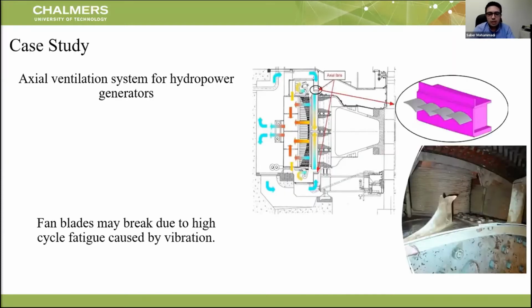Axial ventilation by use of axial fans was the most common cooling concept for hydropower generators in Sweden. They are still being used when some old generators are being refurbished, especially in rotary machines.